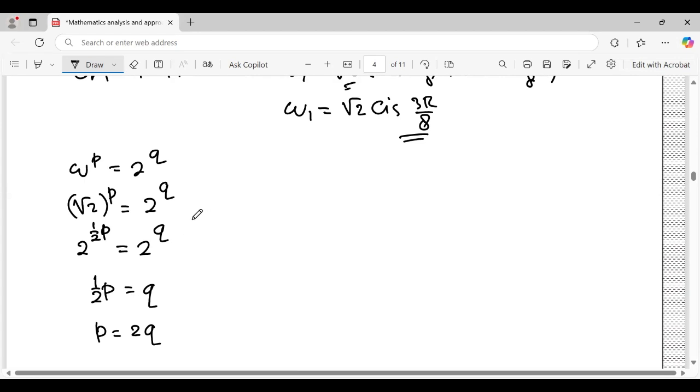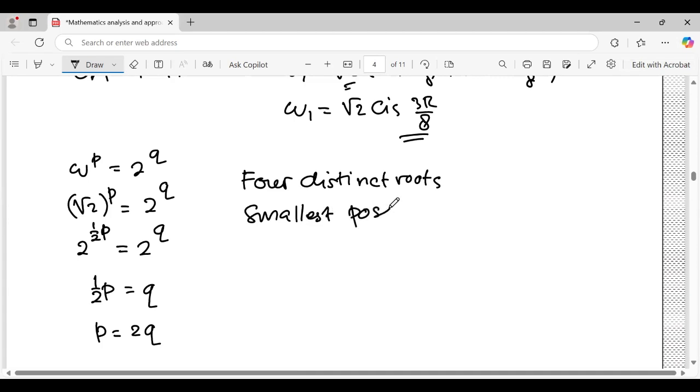Now, regarding the smallest value, the smallest values for p and q are determined by the symmetry of the roots. Since we have four distinct roots, the smallest possible value for p is 16.